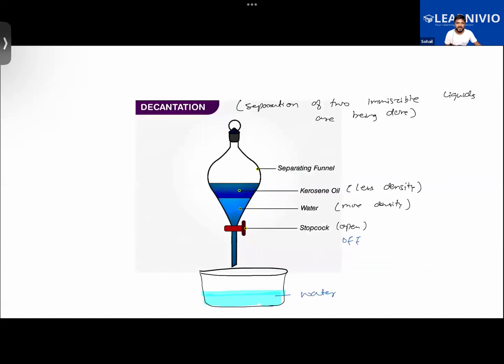But say both components of the mixture are liquid and they are immiscible. They do not mix into each other, like oil and water. That can be done using a separating funnel, and that too is an example of decantation. This is also a step of decantation, okay?